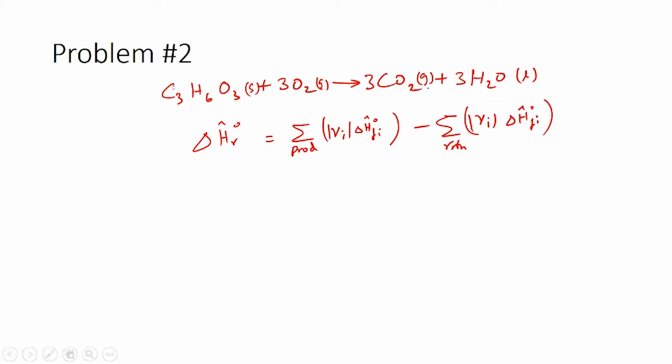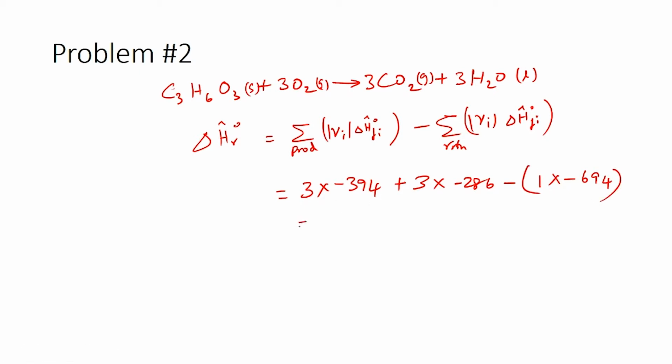So, the products are carbon dioxide and water. This would be 3 times the heat of formation of carbon dioxide, which is minus 394, plus 3 times the heat of formation of water liquid, which is minus 286, minus 1 times, which is the stoichiometric coefficient of lactic acid, times the heat of formation of lactic acid, which is minus 694, and this would give us the heat of reaction as minus 1346 kilojoules per mole.